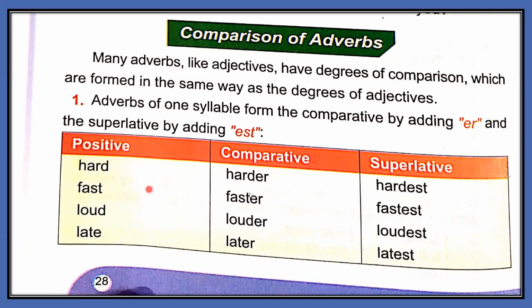Or fast, faster, fastest; loud, louder, loudest; late, later, and latest. So these degrees of comparison are not only in adjectives, but they are also in adverbs as well. So here are the examples of these.